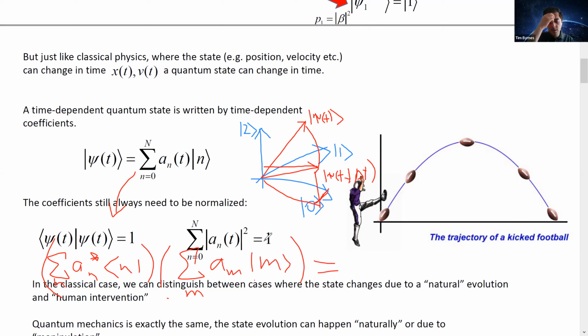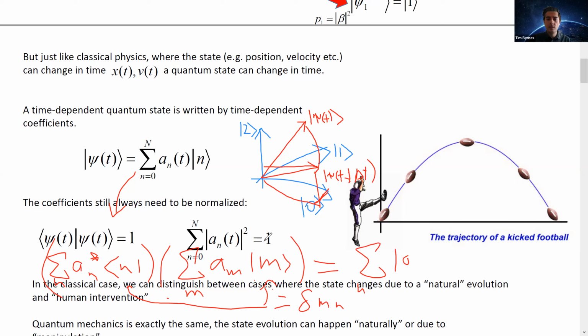And then if you do this, this gives the Kronecker delta of n and m. So what you'll get is just a sum over n, because the only time that these two are non-zero is if n is equal to m.